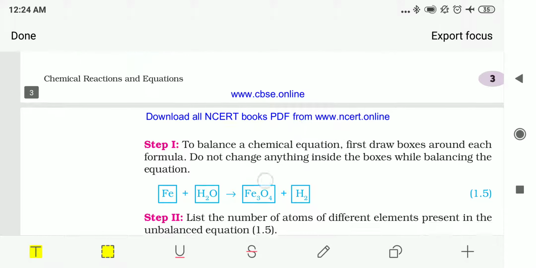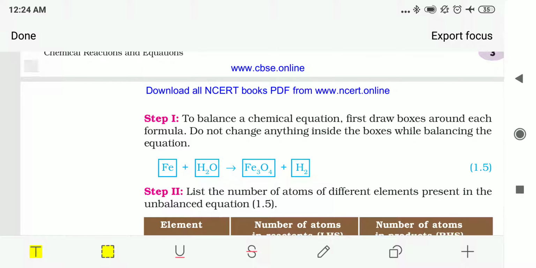The first step is to draw boxes around each formula. Before balancing the chemical equation, we draw boxes around each of the formulas and do not change anything inside the boxes. We cannot change anything inside the boxes while balancing the equation.